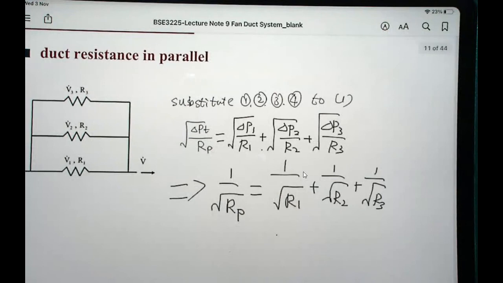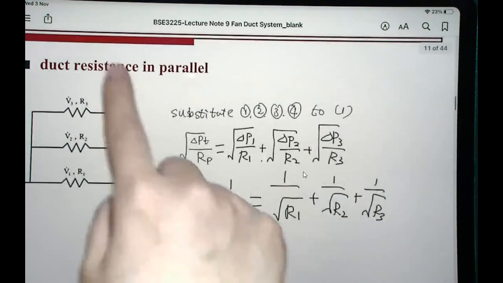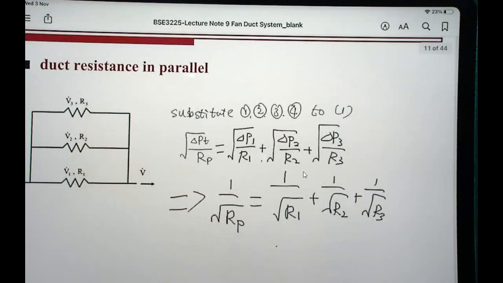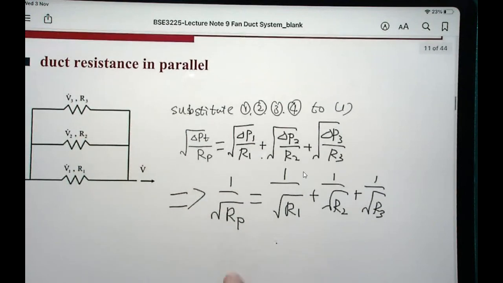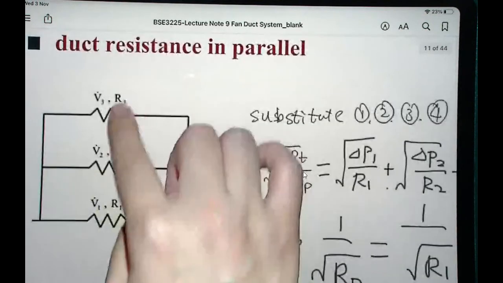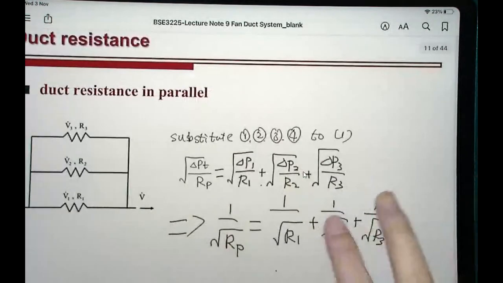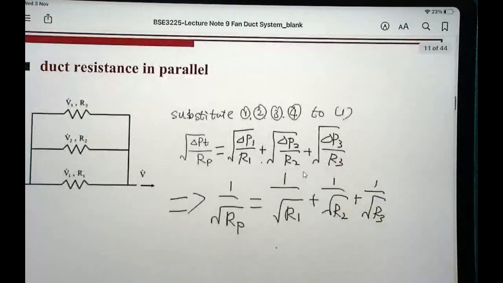So this is the expression of the duct system for ducts connected in parallel, and its relation to the original 3 duct section resistances. So that's for the duct resistance connected in parallel.